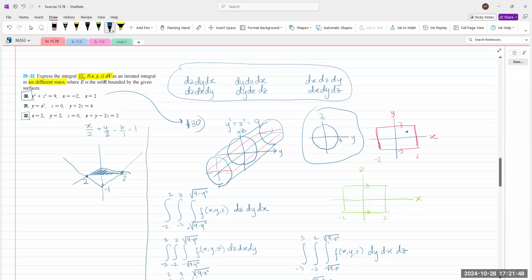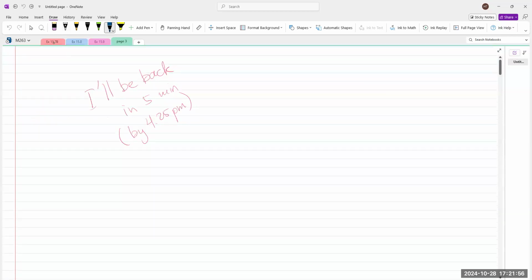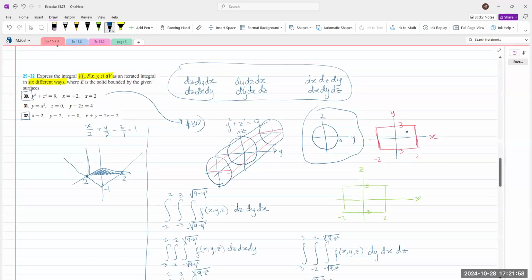X equals 2 is here, and then y equals 2. I'm almost unable to imagine that. I think I need to change the point of view.